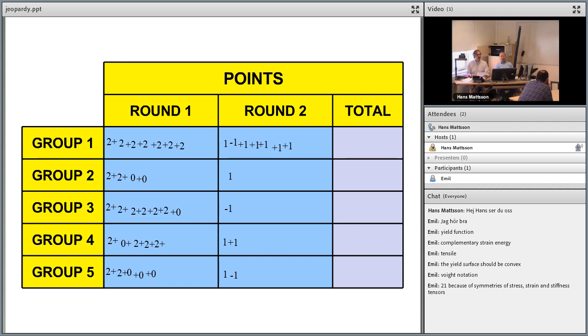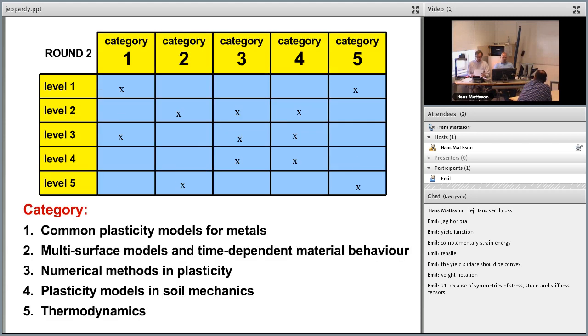The groups are sitting and discussing, but the time has gone out, so I give you the answer.